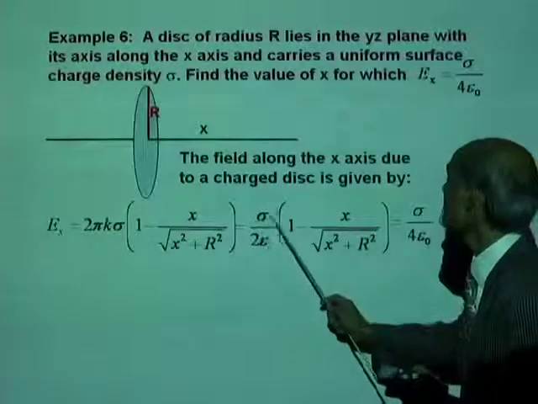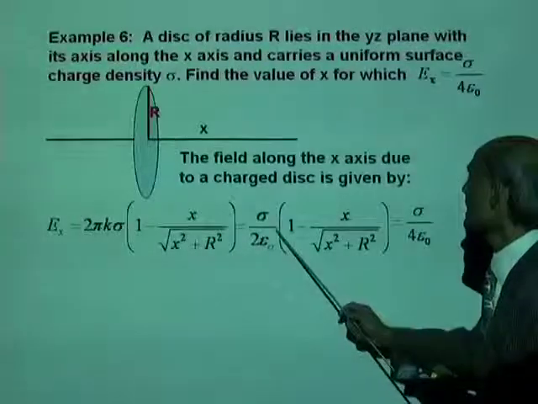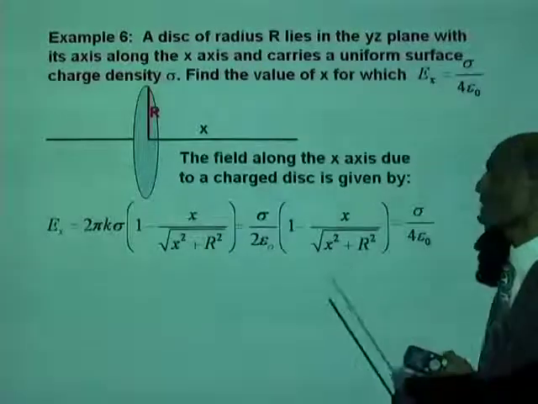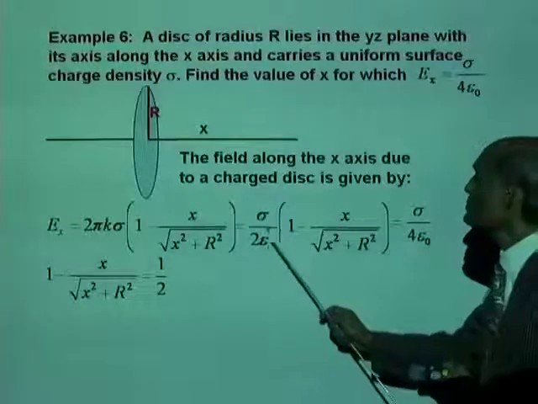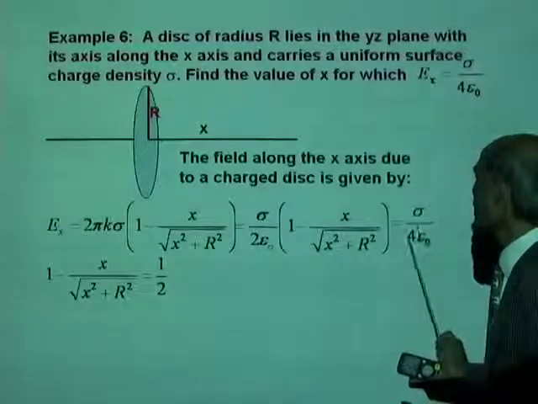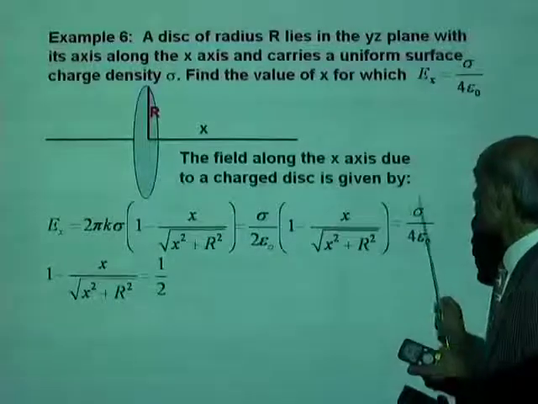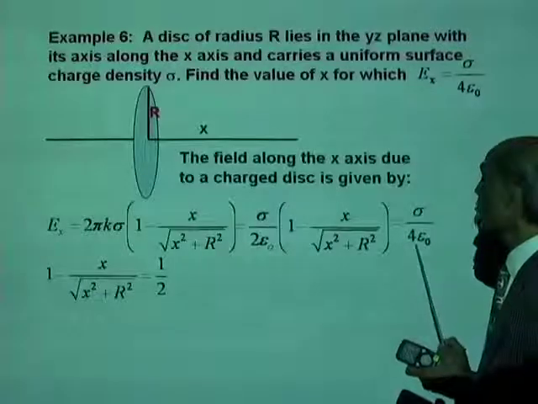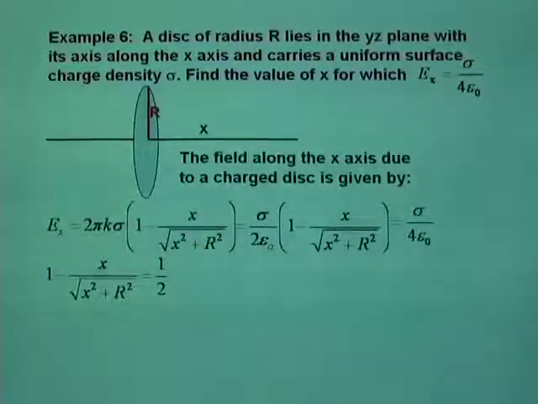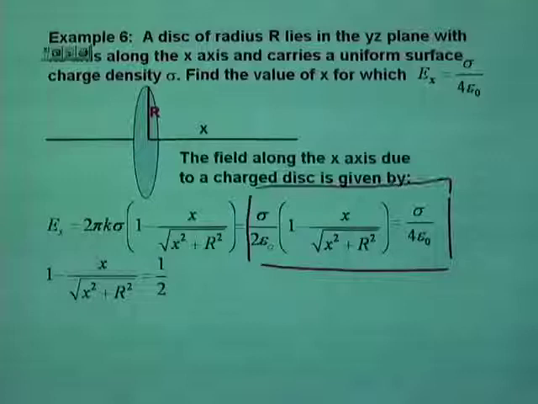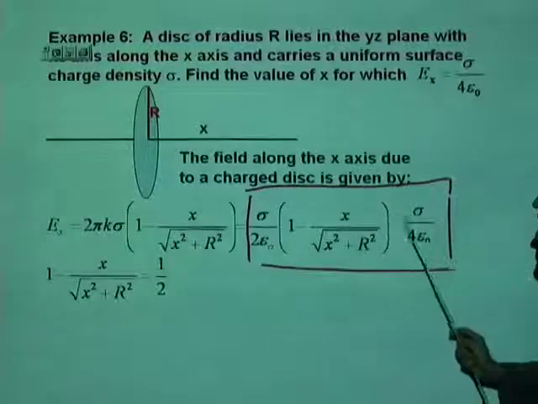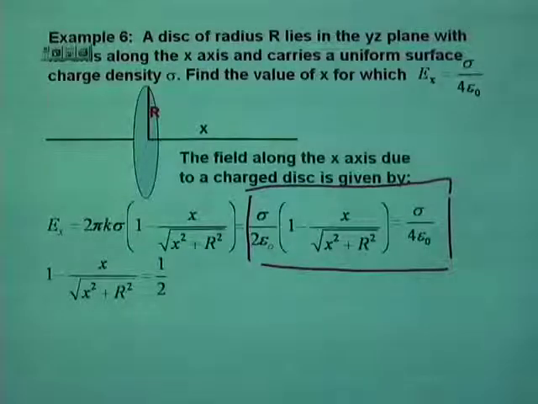First of all, you notice sigma and sigma will cancel. Epsilon naught and epsilon naught will cancel, and the 2 here will cancel with the 4, leaving a 2 in the denominator. So what is left on the right side is 1 over 2. Is that right? I want you to look at this. This is our equation. Now this quantity is equal to sigma over 4 epsilon naught.